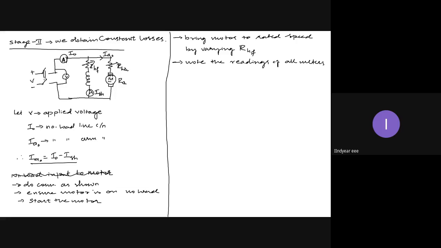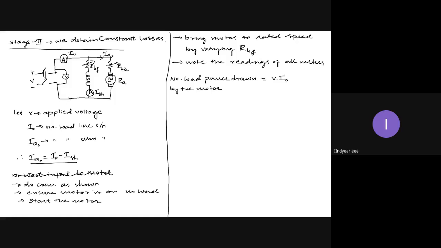When the machine is at no load, the input current drawn by the motor is I0, and the input applied voltage is V. So what is the power now? The no load power drawn by the motor is equal to V into I0, the no load current multiplied by voltage.